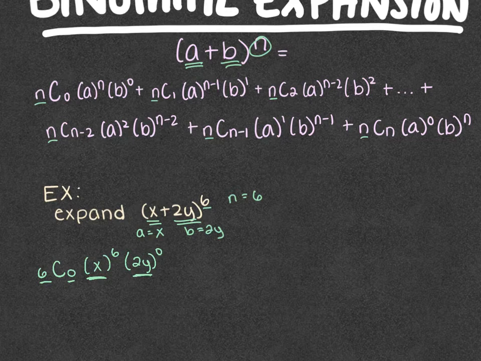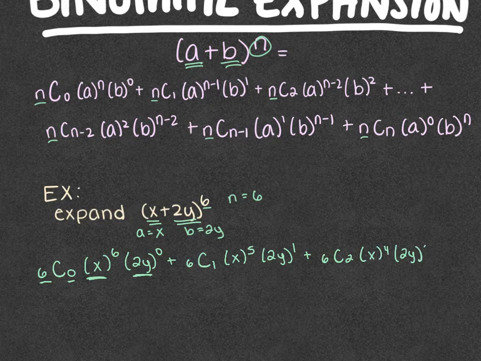And then our first terms are going to count down, and our second terms are going to count up. Okay? So for the next one, we would have 6C1. Now our first one is going to go down a power, and our second term is going to go up a power. And we're going to do that till we get to the end. So we have 6C2, first term goes down a power, second term goes up a power.